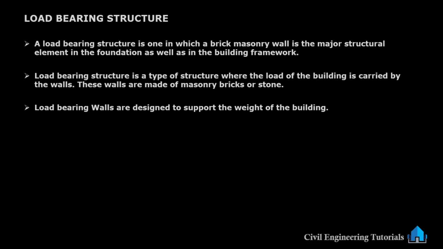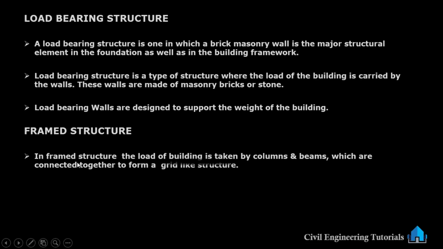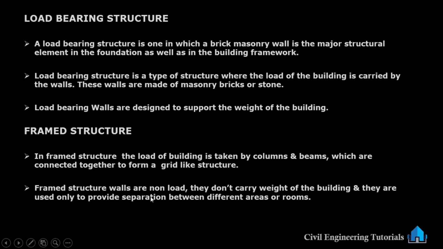Now next, what is a framed structure? In a framed structure, the load of the building is taken by columns and beams which are connected together to form a grid-like structure. Framed structure walls are non-load bearing. They don't carry the weight of the building and are used only to provide separation between different areas or rooms, like partition walls.